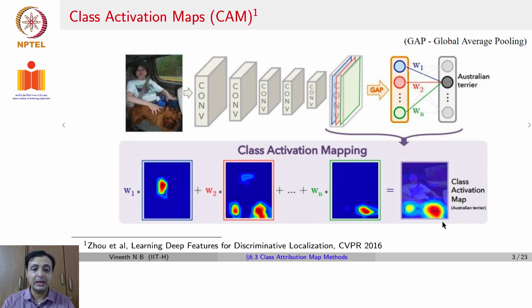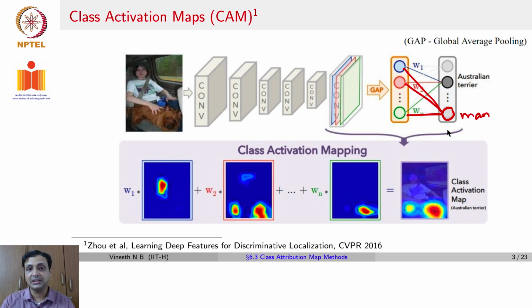If you wanted to predict a man in the image, then you would have a different set of weights. Let's say this was the man class. So you would have a different set of weights of the same activation maps that connect you to the man class. A different weighted combination of the same activation maps will tell you which part of the image corresponded to the man class. Now this approach gives us a way of getting class discriminative saliency maps.